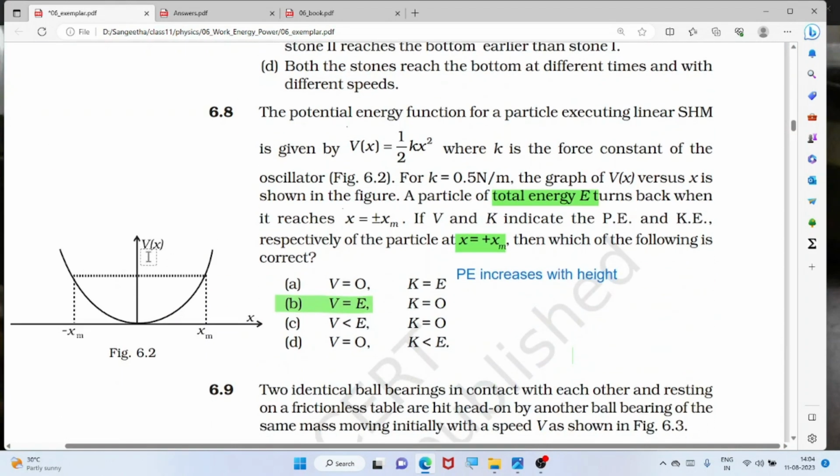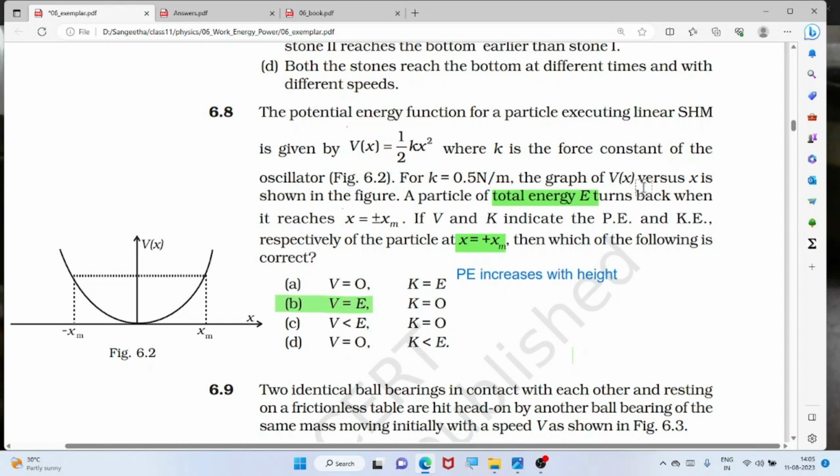The potential energy function for a particle executing linear simple harmonic motion is given as V of x equals half k x squared, where x is the displacement and k is the force constant of the oscillator.